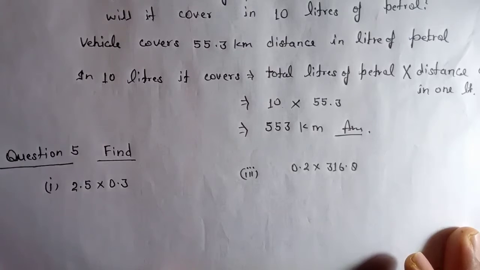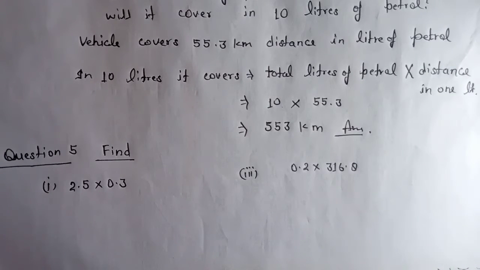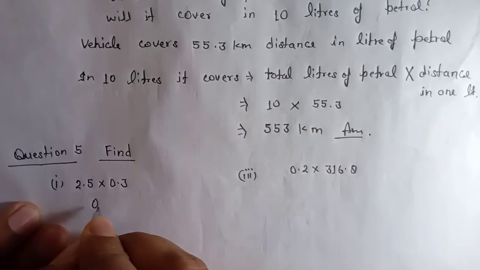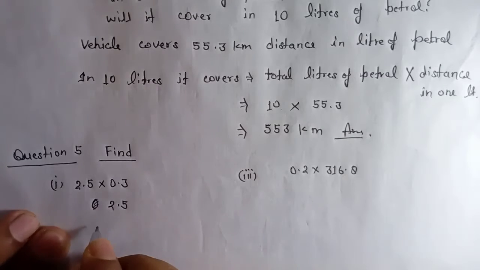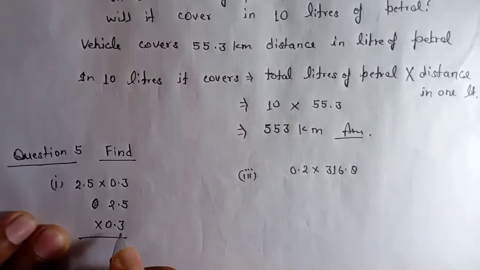We have question number 5. We have to find 2.5 into 0.3. Now multiply this and get your answer. When you multiply 2.5 by 0.3, 3 5s are 15, carry 1, 3 2s are 6, plus 1 is 7.